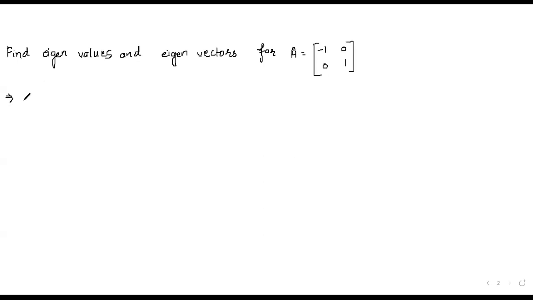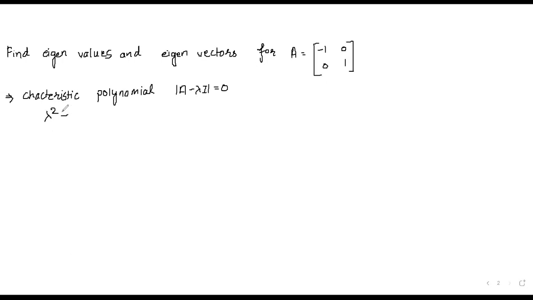The characteristic equation: determinant of A minus lambda I equal to 0, the characteristic polynomial. This is a 2 by 2 matrix, so use the shortcut method. What is the characteristic polynomial?